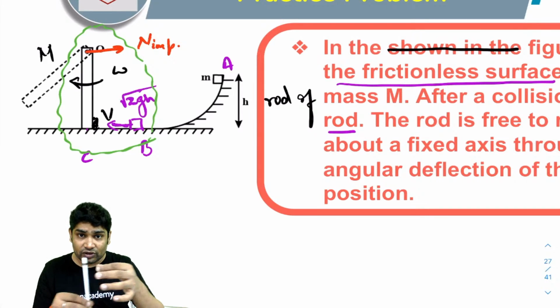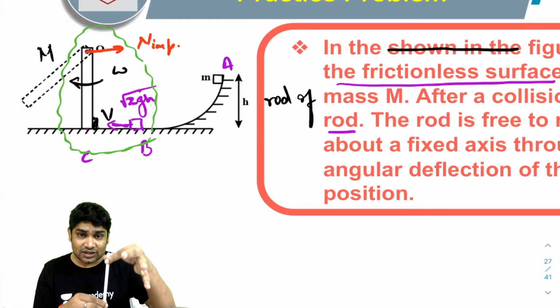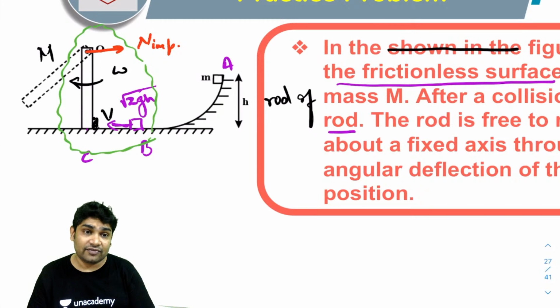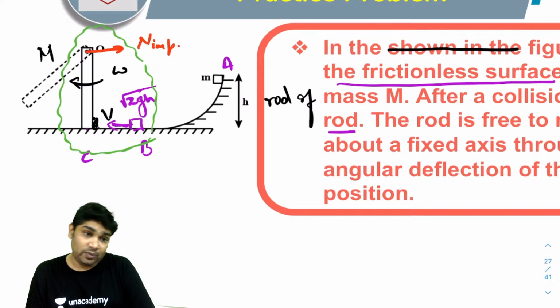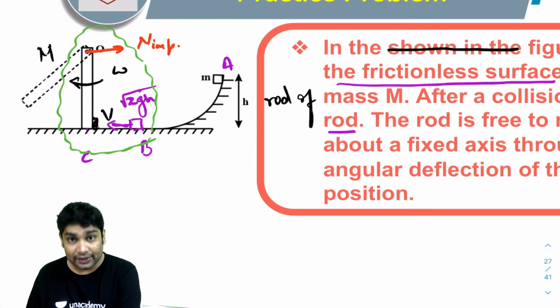It would have just moved forward, or done something weird, but this end would not be fixed here. So to keep this end fixed, when the collision is happening, this point has to apply an impulsive normal reaction to keep that point O fixed in its place. So even momentum conservation cannot be applied.